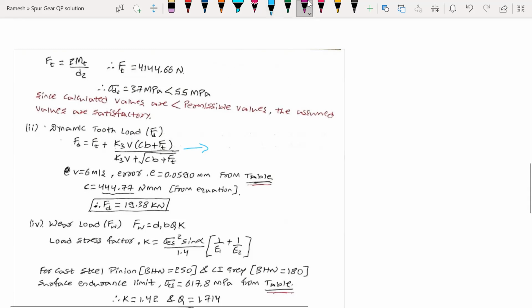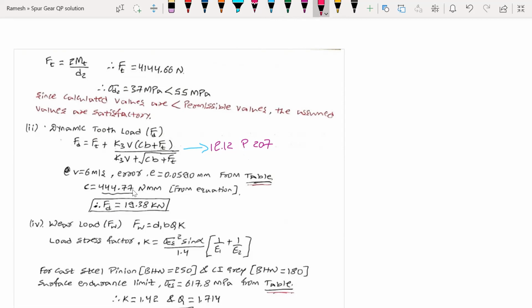The dynamic tooth load equation FD is equal to FT plus... this is the equation in your data book, equation 12.12, which is on page number 207.